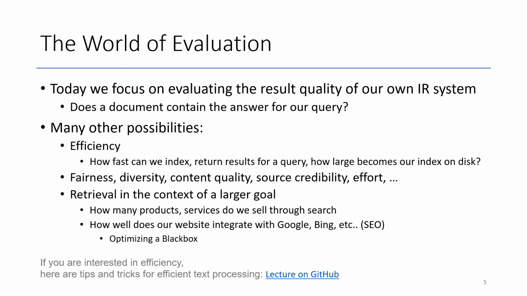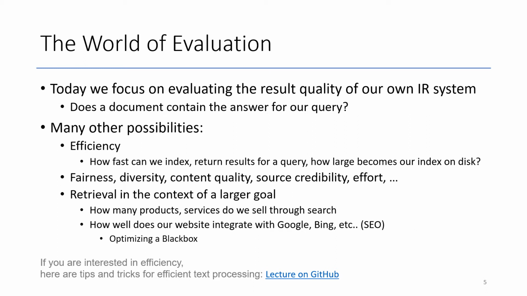So today we're focusing on the evaluation of result quality of our own information retrieval system. We want to answer the basic question: does a document contain the answer for our query? But of course there are many other possibilities of what we can actually evaluate. Here is just a non-complete list.